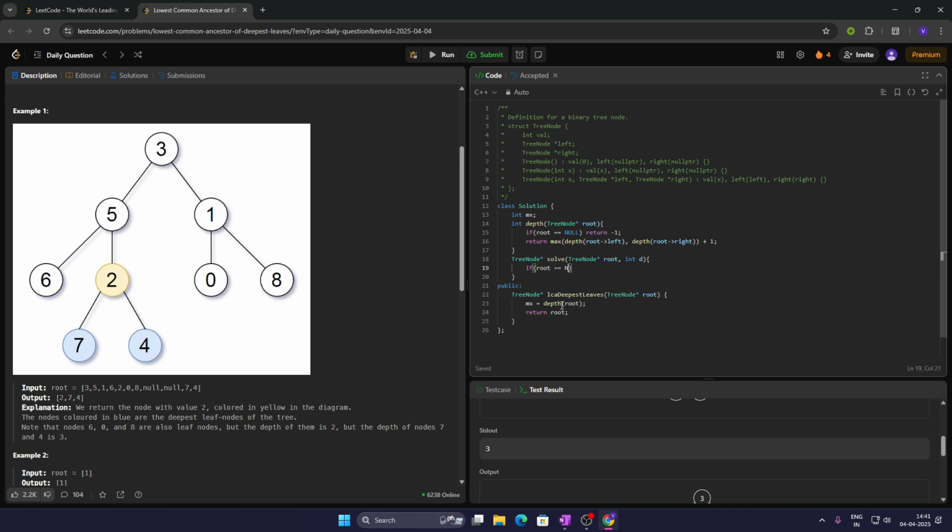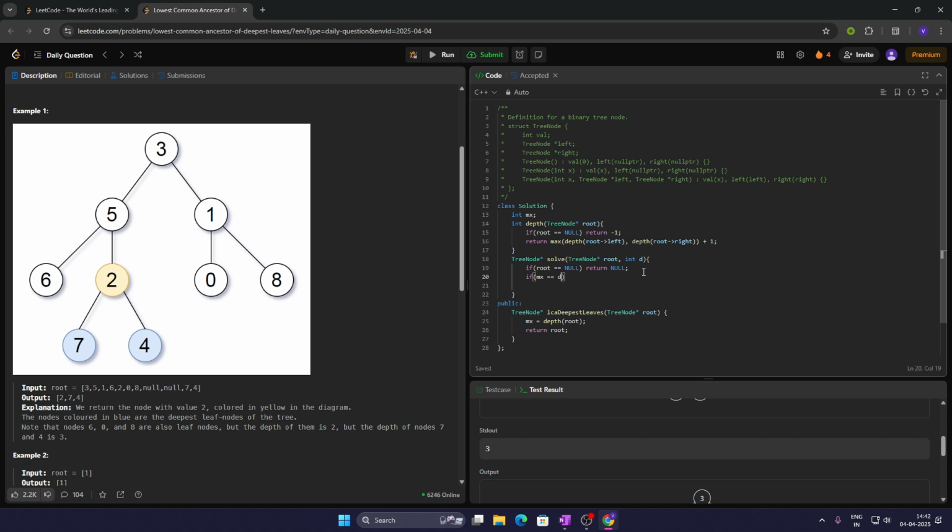If root equal to null, then return null. What is the other base case? We have solved our null value and we have to check if the maximum depth equals the current depth or not.